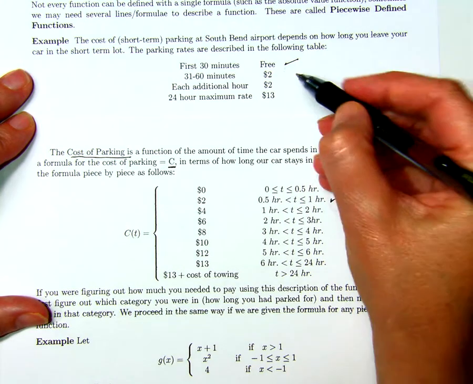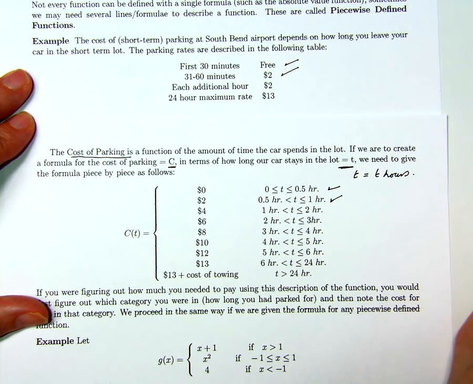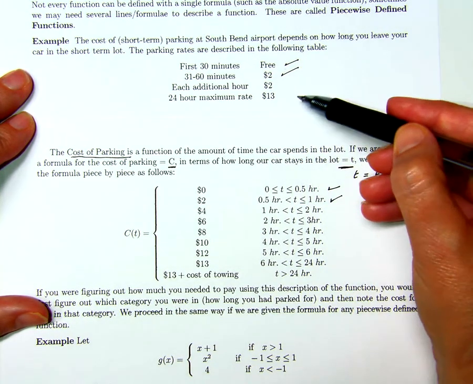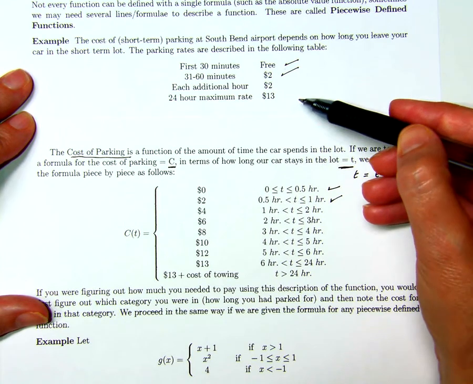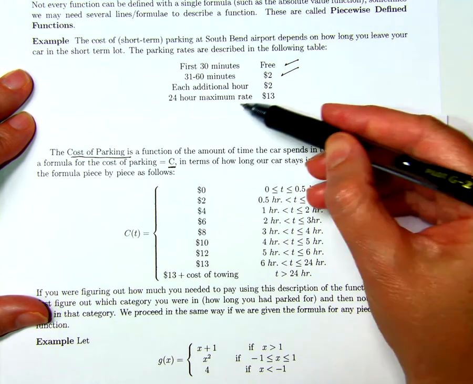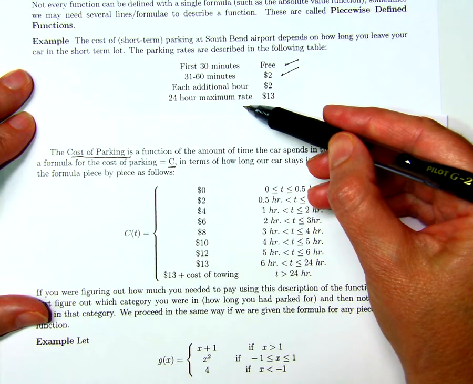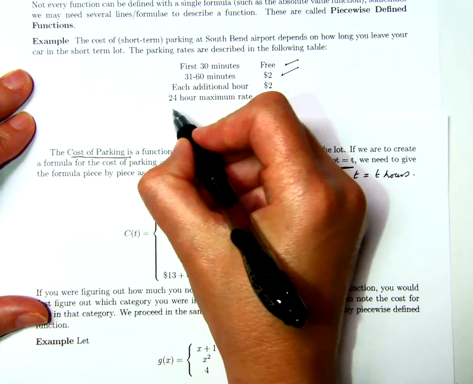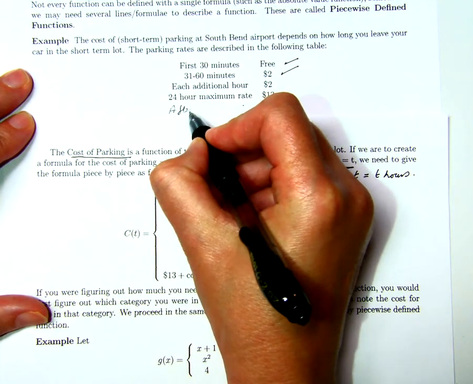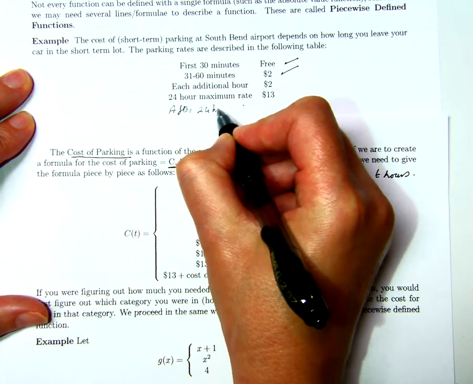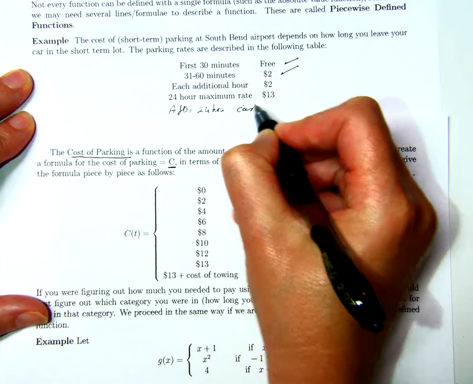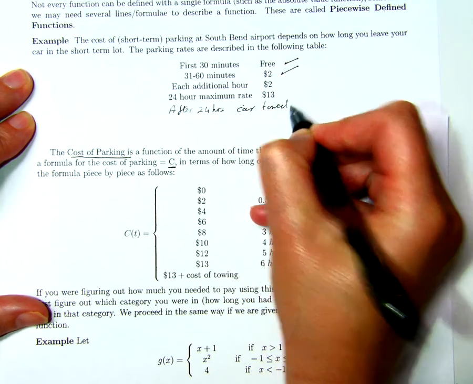Well, that takes care of statement number 2. Now, every additional hour is $2 until I get to this 24-hour maximum rate, and then after that, the car is towed. So after 24 hours, the car is towed. Not good.